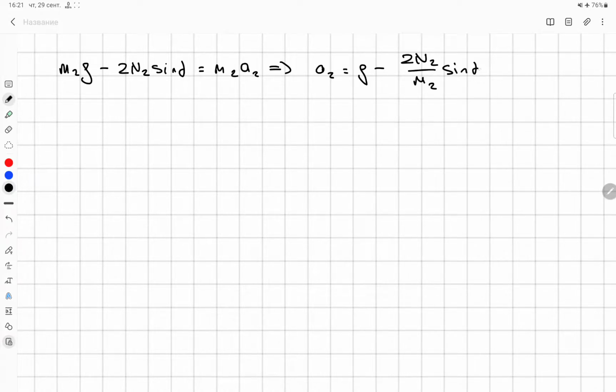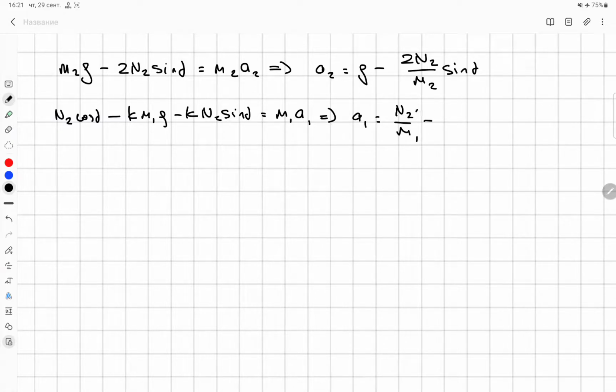Equation number 2: n2 cosine alpha minus k m1g minus k n2 sine alpha equals m1 a1. From here, a1 equals (n2 cosine alpha minus k n2 sine alpha) over m1, minus kg.